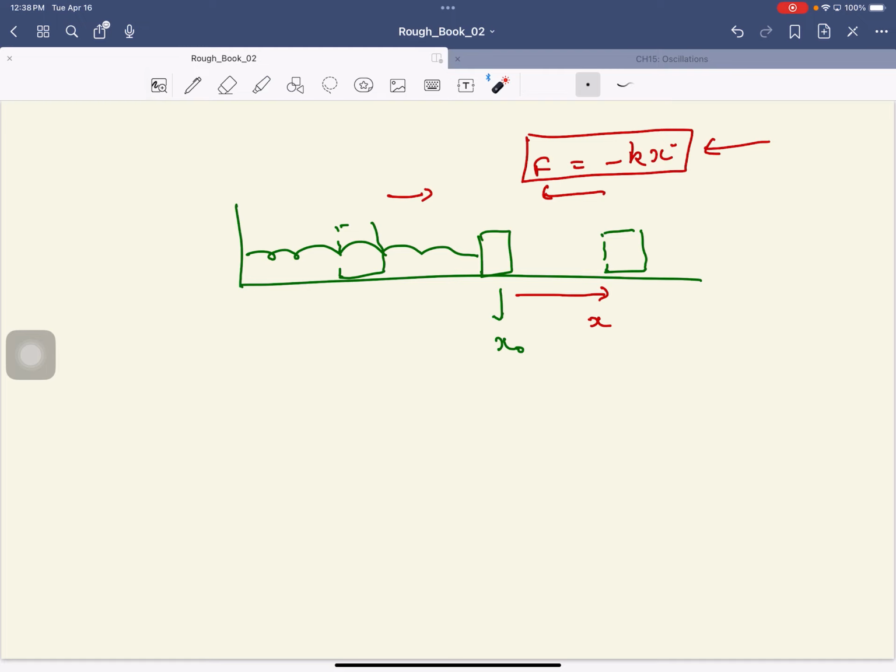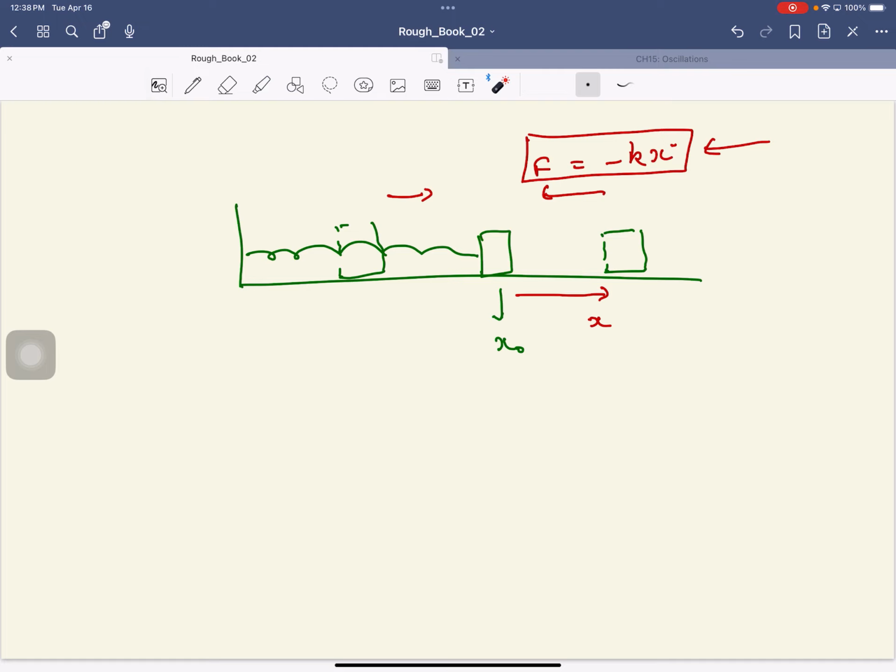So this entire chapter, we're studying systems where if you disturb the system from its equilibrium position, the forces that come into play are restoring it to the equilibrium position. And the second thing that's special is the restoring force is proportional to the disturbance.